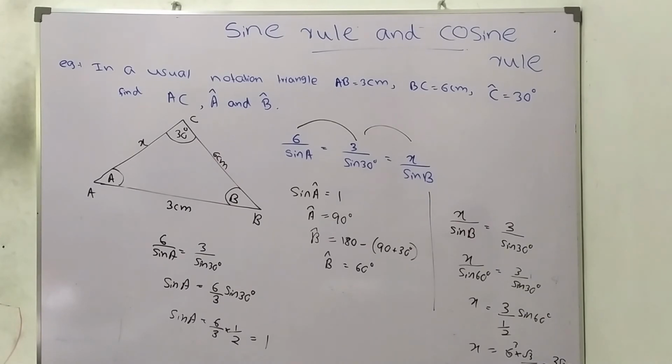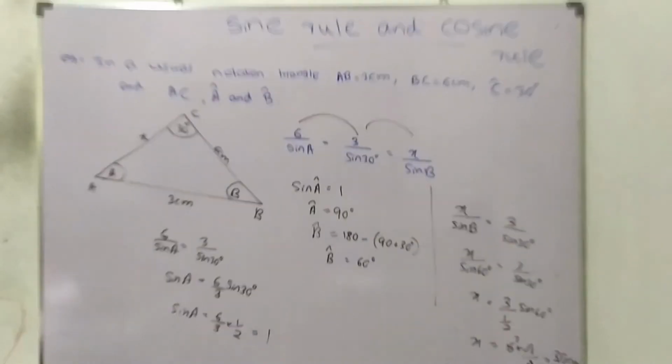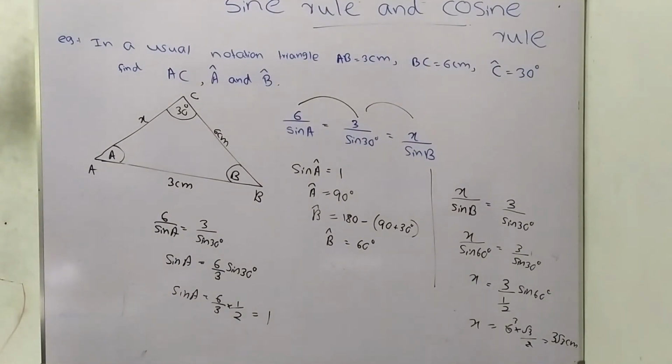So x becomes 3 root 3. You can see this is just a simple application, right? You just need to write the connection between the sides and the angles. It's really easy. This is my final answer.